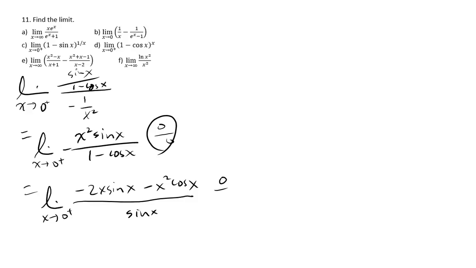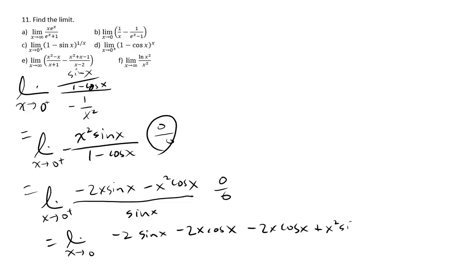This is again 0 over 0, so we differentiate one more time, which gives you negative 2 sine x, negative 2x cosine x. And when you differentiate this, it's negative 2x cosine x, and then minus, actually plus x squared sine of x over cosine of x.